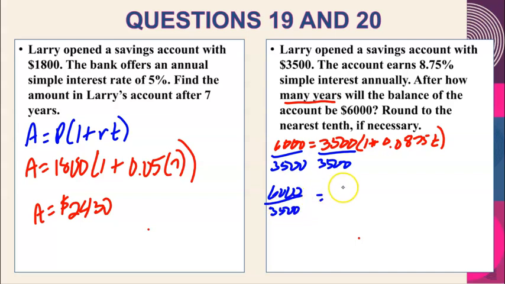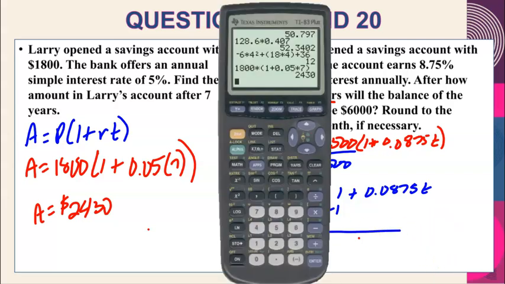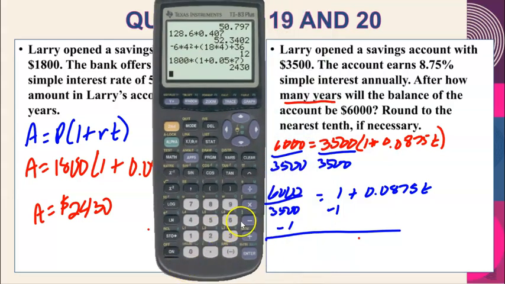And this is going to equal 1 plus 0.0875 t. We're going to subtract 1 on both sides. Now on my calculator, if I do this very quickly, I have 6,000 divided by 3,500.